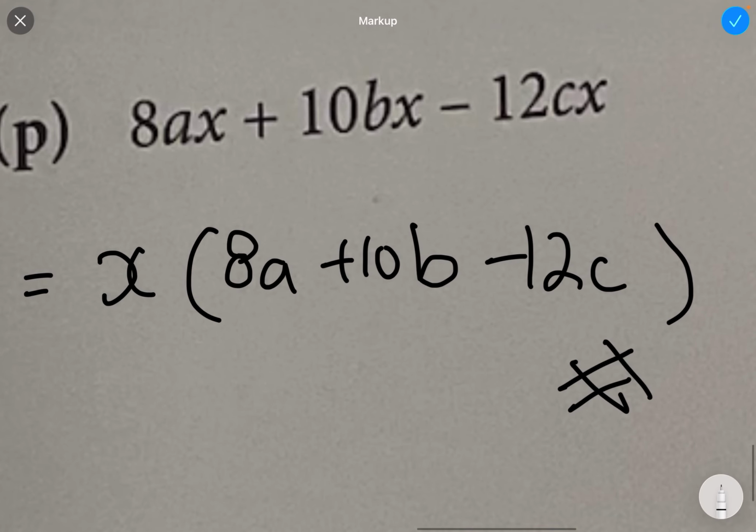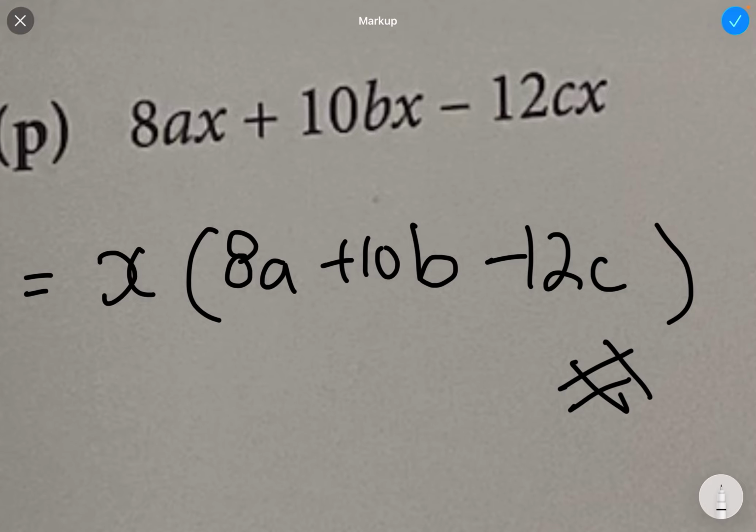Okay, then this one we did yesterday, but not finished. Why not finished? Because 8, 10 and 12 all can be divided by 2. They are all even numbers, they can be divided by 2. I think yesterday I missed out. Then, first term got x, second term got x, third term got x.